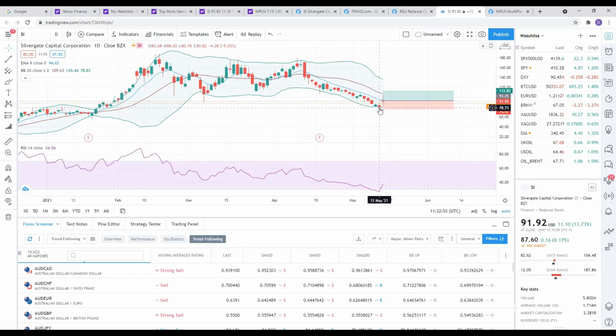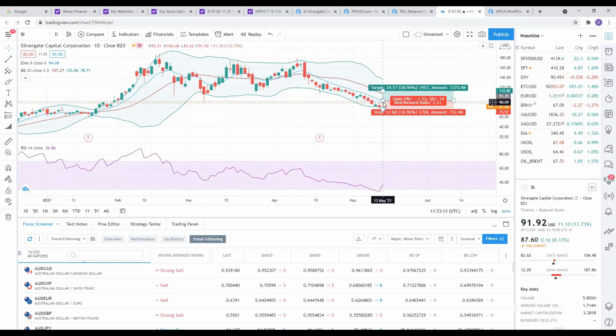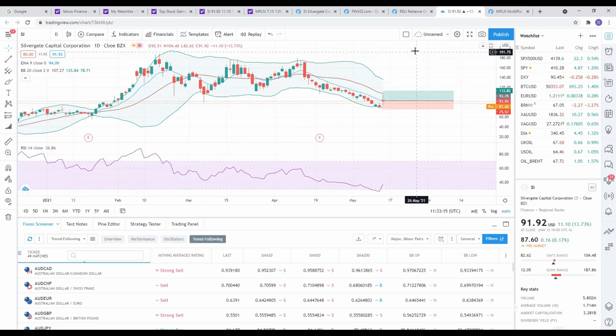So a Bollinger bounce occurred here, a price crossover occurred here. And then the third criteria, there was an oversold condition in the sense that the RSI went below the number 30, suggesting that the asset is oversold, and then there should be some form of price correction. The asset is oversold here, and now the price is going up. So I think this is a very good trade. This is a very good trade to ride all the way up.